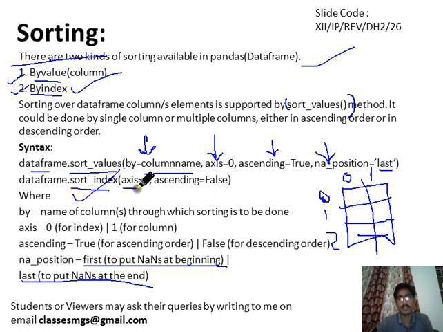It will take two arguments. Axis equals 0 will apply row wise, and if axis equals 1, then it will apply column wise sorting. Ascending False means we need to rearrange the data into descending order, means maximum value will come on top and minimum value at the bottom. Okay, we will see the examples in the next slide.